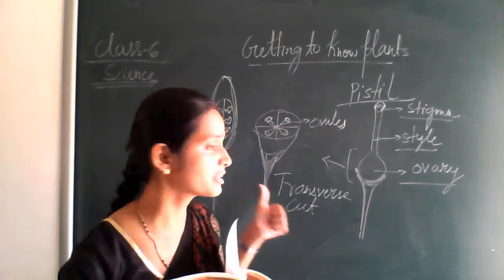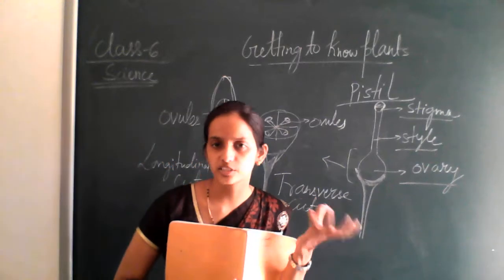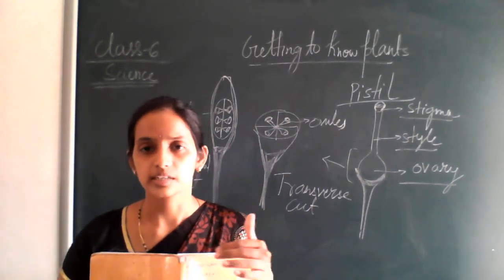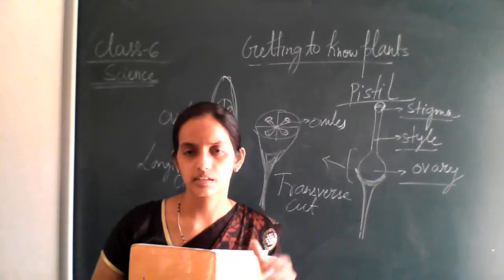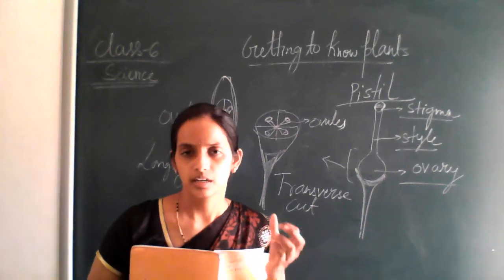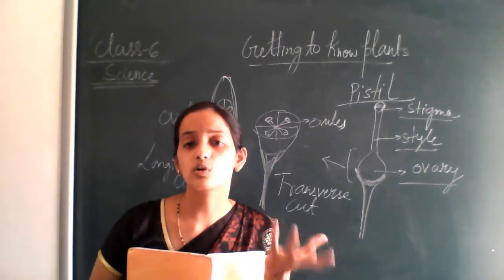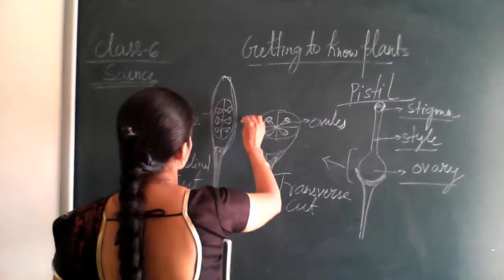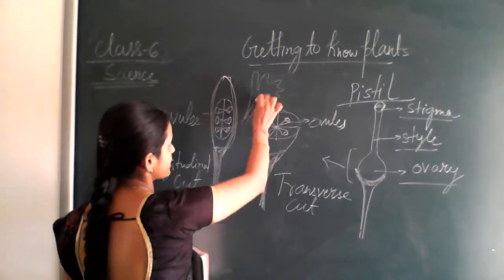If you consider the petals, in some flowers the petals are joined, and in some they are arranged individually, one after the other. And in some cases sepals are not present. In some cases there is no presence of sepals.